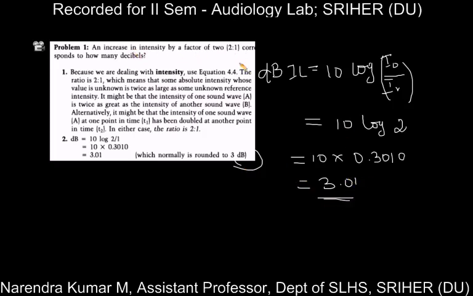When two same intensities are added up, it will result in 3 dB increment. So 60 dBIL and another 60 dBIL will provide a resultant intensity level of 63 dBIL. This is two intensity levels added up.